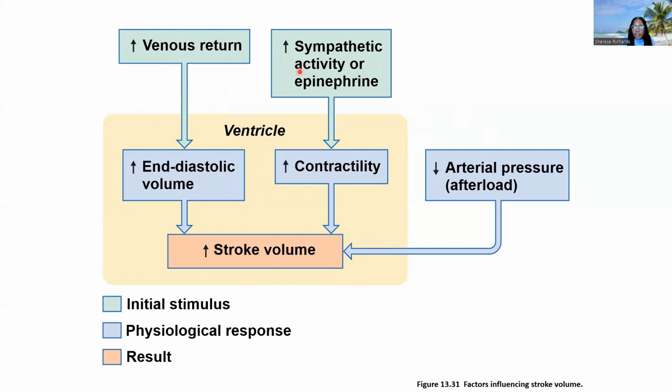An increase in sympathetic activity or epinephrine as a hormone will also increase our strength of contractility by the 4 mechanisms we described, and so that will also increase stroke volume. Lastly, this one is the opposite: a decrease in our arterial pressure, otherwise known as our afterload, will make it easier for blood to leave the ventricle because there is less resistance, and so that will likewise increase stroke volume.